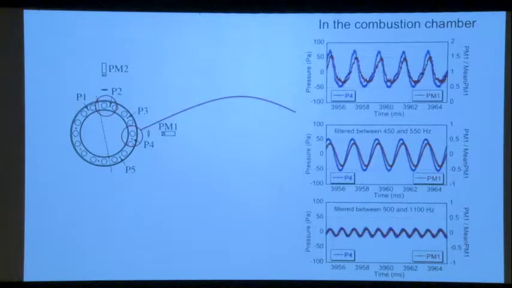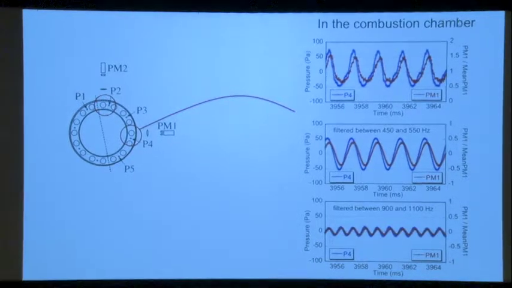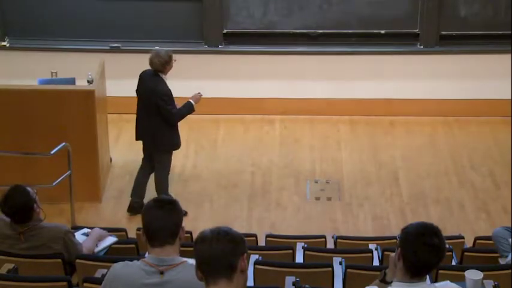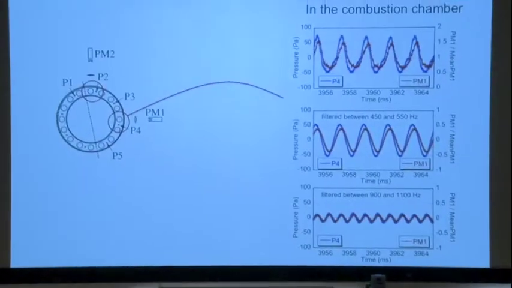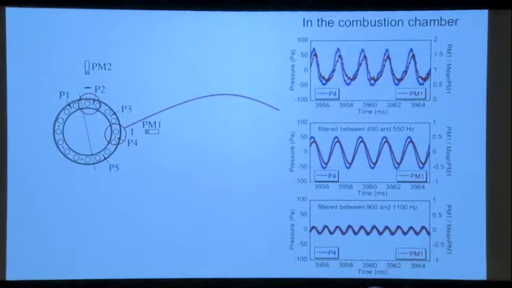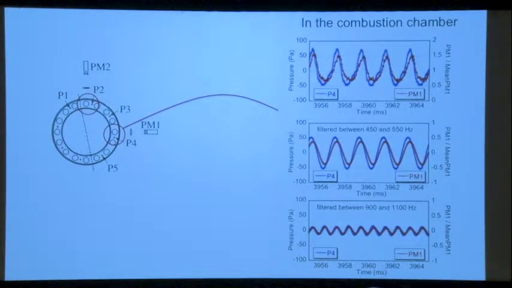When we look at the pressure signals and the photomultiplier, we cannot place the pressure exactly at the same point as the photomultiplier, but you can reconstruct the pressure field and you can measure the photomultiplier intensity, and you see that they are essentially in phase here. So there is a phase match between the microphone and the heat release, for example, right here. If we look at this level here, it is also true.